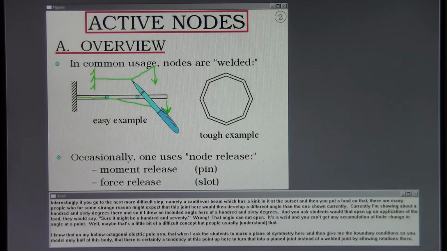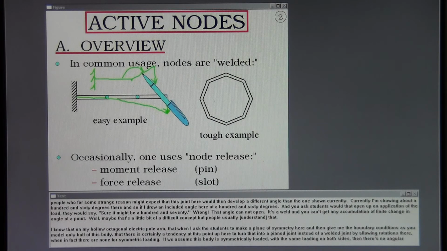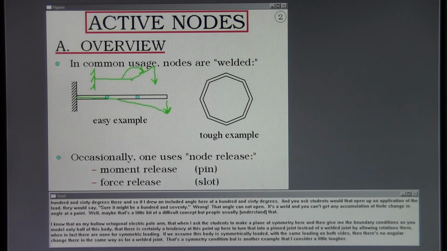Currently I'm showing about 160 degrees there, and so if I drew an included angle here of 160 degrees, and you ask students would that open up upon application of the load, they would say sure, it might be 170. Wrong. That angle cannot open. It's a weld, and you can't get any accumulation of a finite change in angle at a point.